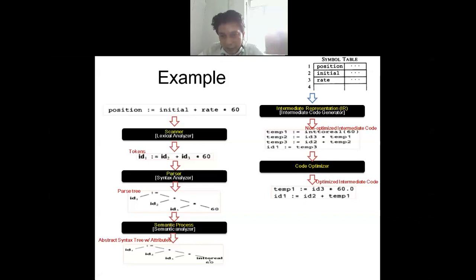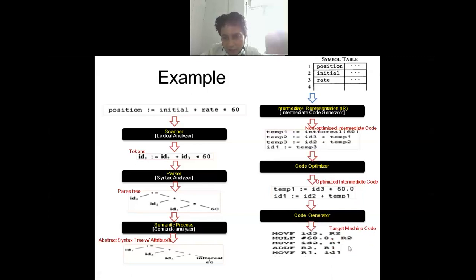So we convert the 4 lines of the intermediate representation into 2 lines by the code optimizer. In temp1 we store id3 into the float value, and in the next line we store in id1 the id2 value plus the temp1 value. So the intermediate code is optimized by the code optimizer phase.